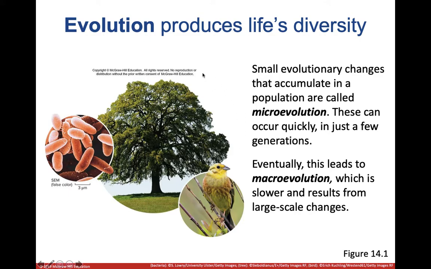Well, you play a couple more games of checkers, a couple more checker moves, and eventually what's going to happen is those black checkers are going to be in a completely different place than they started out at, and the red checkers are going to be in a completely different place. And that whole checkerboard is going to look completely different than it did to start with. Well, all of those individual small little microevolutionary changes add up on top of themselves to lead to macroevolution, which is a large-scale change from species to species.